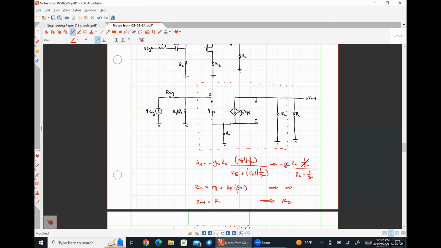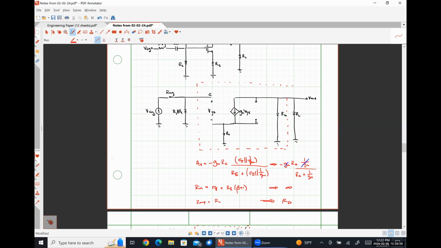Then I said, all right, so now I have a MOSFET. So everywhere I had R pi looks like infinity. Infinity in parallel with 1 over gm is just 1 over gm. Everywhere I had RC, I replaced it with RD. Everywhere I had RE, I replaced it with RS.